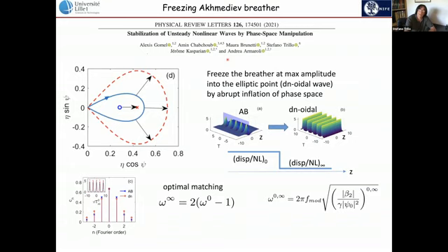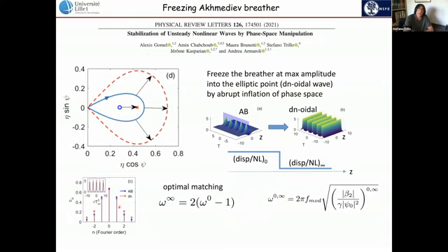So we call this phase space manipulation. Essentially, what we explored is the transition from an Akhmediev breather to a dnoidal solution. I mean, again, from a separatrix dynamically to an elliptic point, which is contained inside the separatrix. And in order to do that, you can show that you need a jump in the ratio between the dispersion and nonlinearity. So I call this ratio 0 and infinity, before and after the jump, essentially.